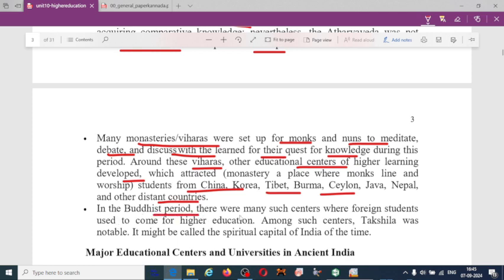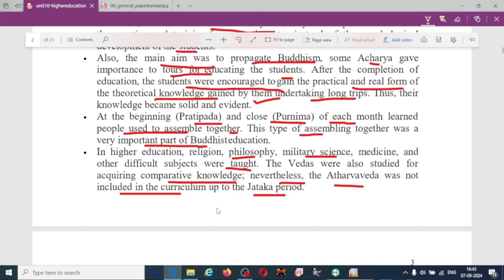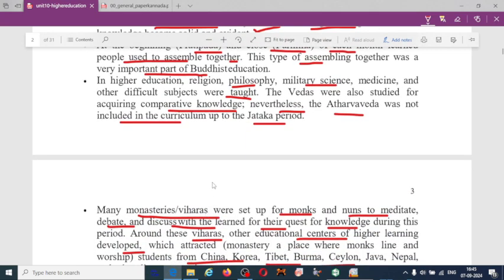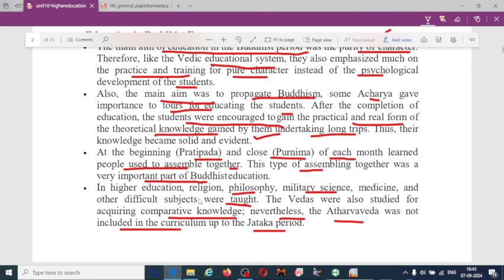In the Buddhist period, there were many such centers where foreign students came for higher education. Among such centers is Takshashila, one of the notable places, called the spiritual capital of India of the time. Not only people from India but also from foreign countries came to the viharas to learn in ancient India.